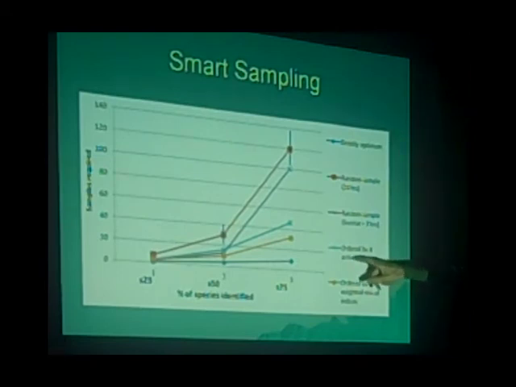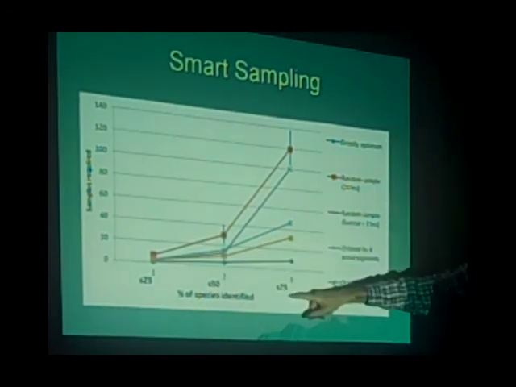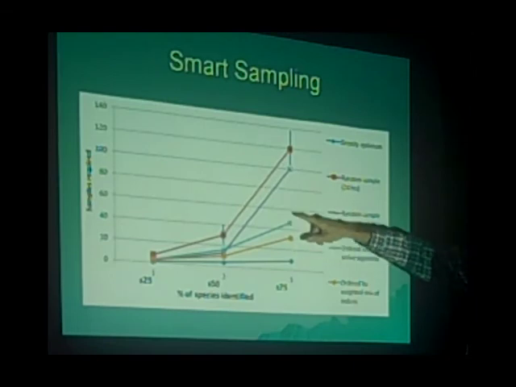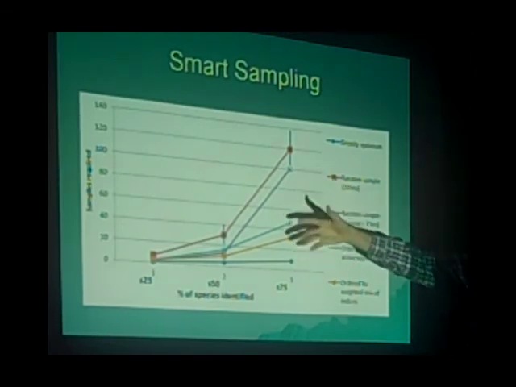It's the number of active segments. So you're essentially counting the number of acoustic events in the one minute, and if you just do something simple like that, to get 75% of the species present, you've already cut your sampling down from 100 to 47.